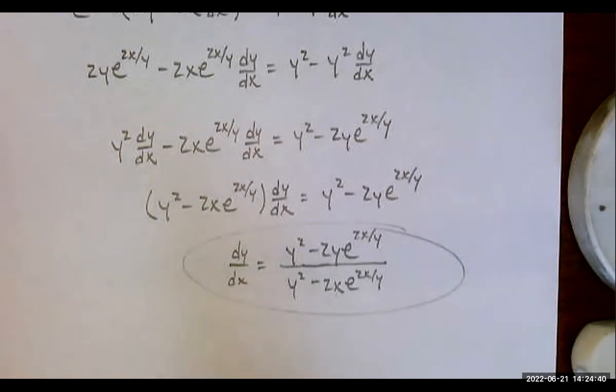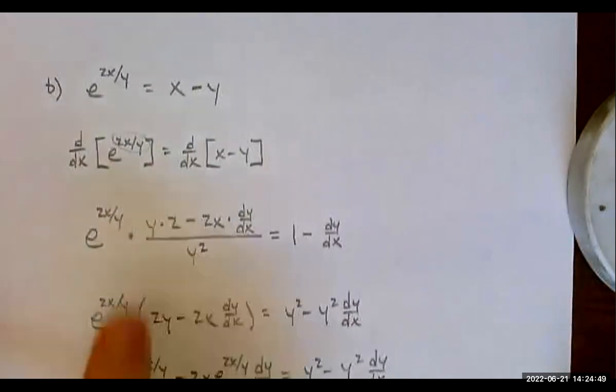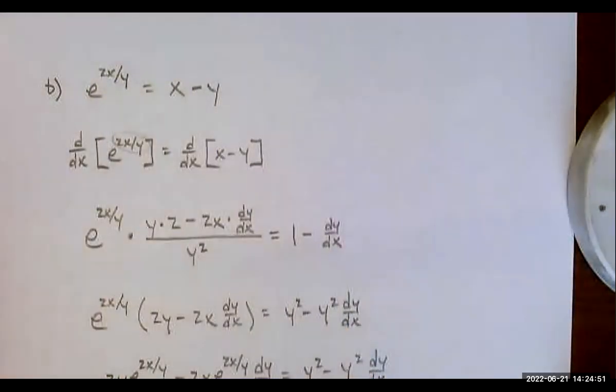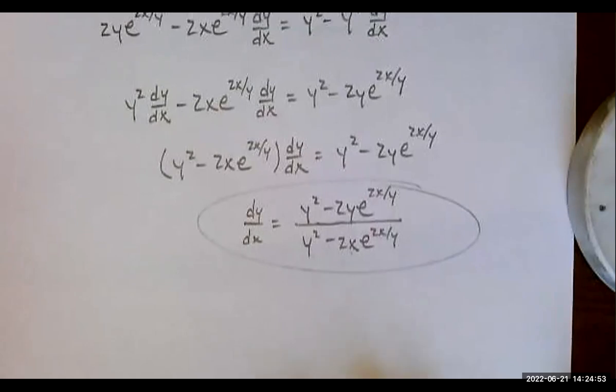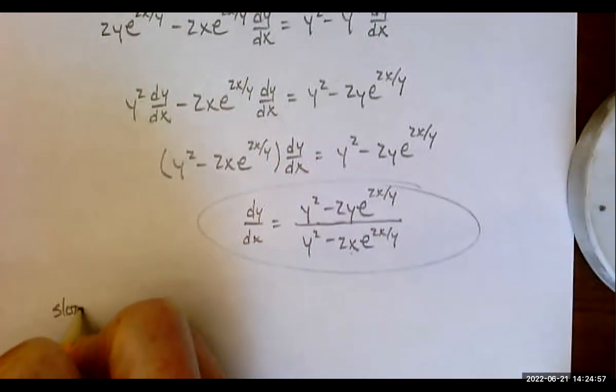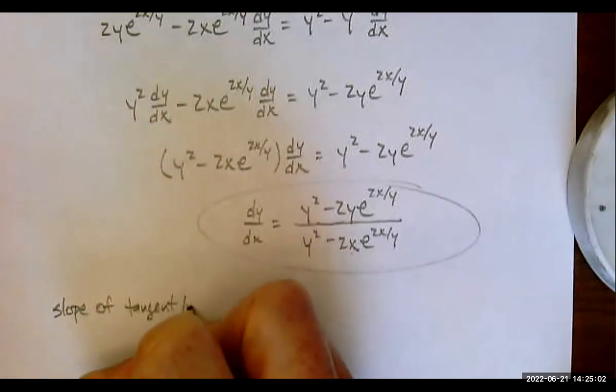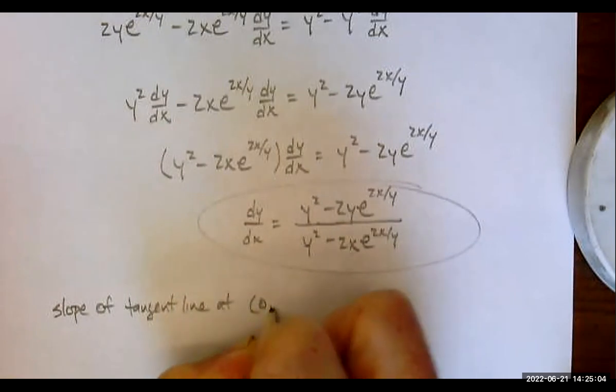Before we stop with this example, I want to explore one point. It turns out this original implicit equation passes through 0, -1. What is the slope of the tangent line at 0, -1?